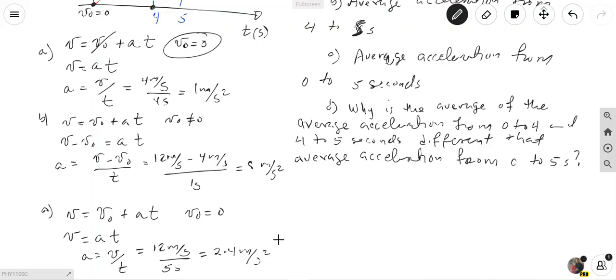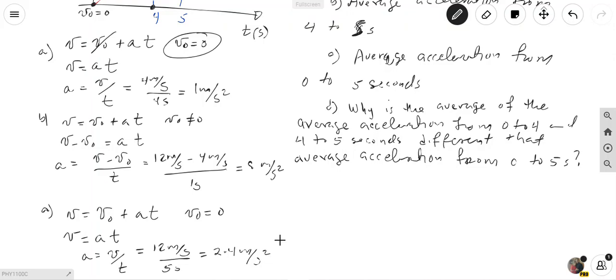There is a last question here: why is the average of the average acceleration from 0 to 4 and from 4 to 5 seconds different from the average acceleration from 0 to 5 seconds?